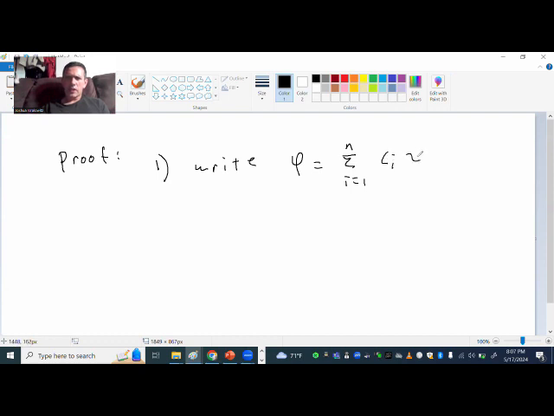So I'm going to write it as the sum of c_i times the characteristic function of E_i. And psi, write as the sum j equals 1 to m of d_j times the characteristic function of E_j prime, for lack of anything better. Okay.